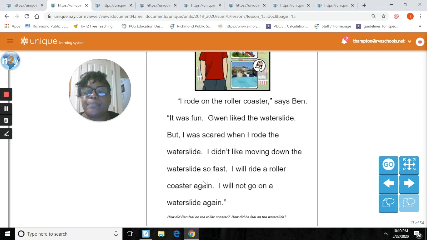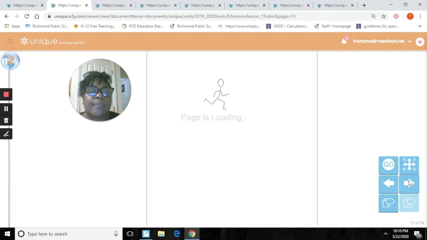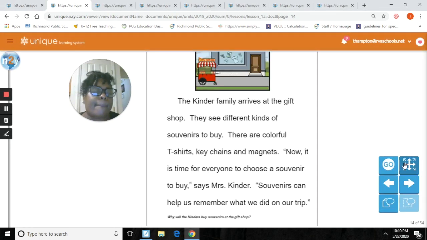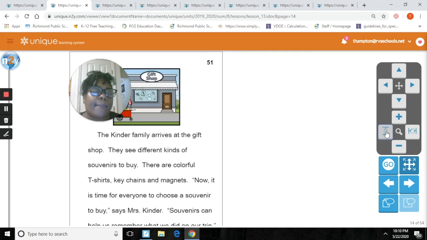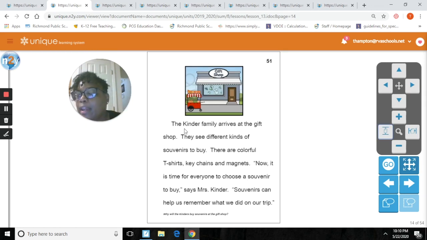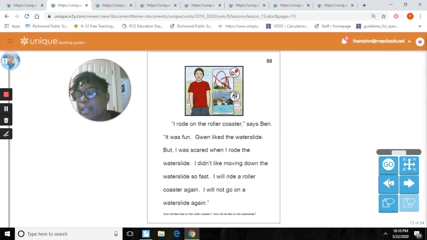All right. Now, if we think about our previous page, page 50 here, you know, Ben enjoyed riding a different ride than Gwen, right?